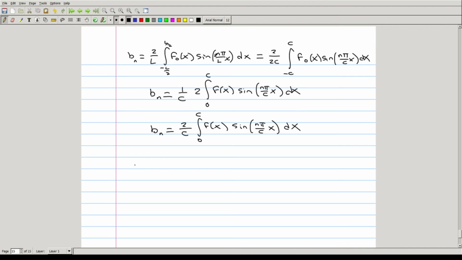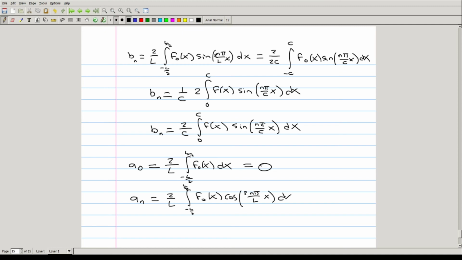And likewise, if you go through and calculate a naught, because f odd of x is odd, it is 2 over L integral from negative L over 2 to L over 2. Because f odd is an odd function, this integral will be 0. And likewise, the Fourier integral for an will be f odd of x times cosine of 2n pi over L times x dx.